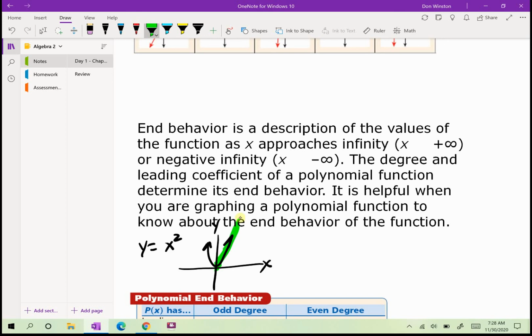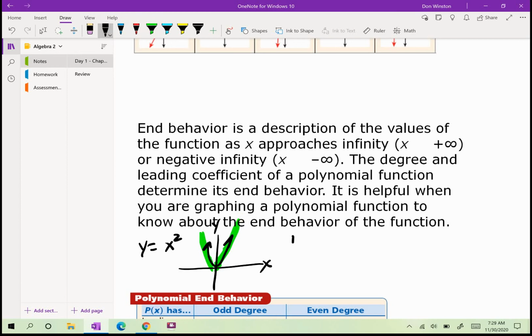As x goes to negative infinity, y increases. So the end behavior of y is equal to x squared is that both ends increase as x goes to positive infinity and x goes to negative infinity. Just remember how x squared looks.